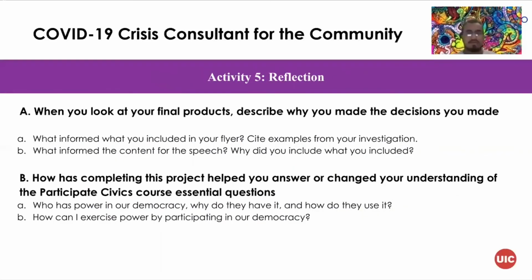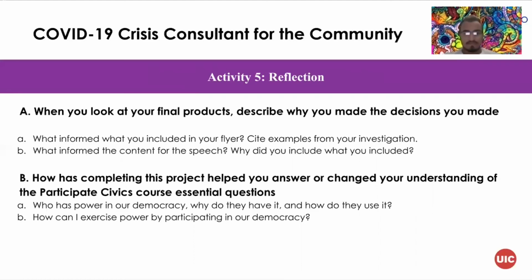So now, after having done all these activities, we want you to think about a few things that you decided to do. Why did you choose the information to put on a flyer, and use the examples you found from looking things up to explain why it supported those things, and why did you decide to do the actions you did, essentially.